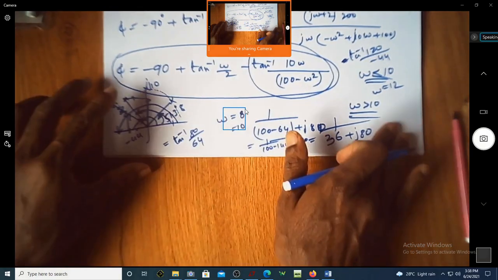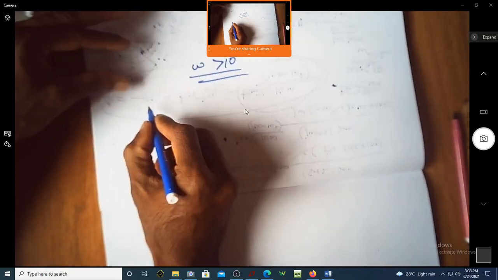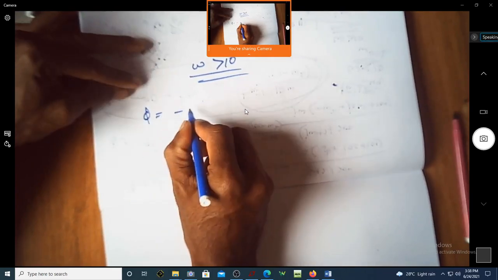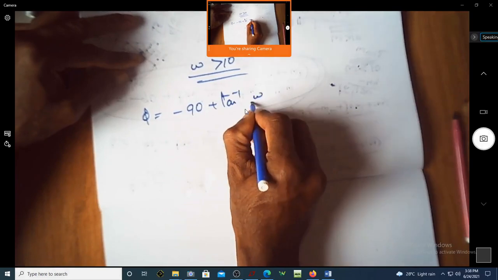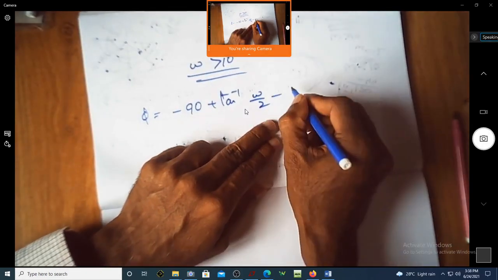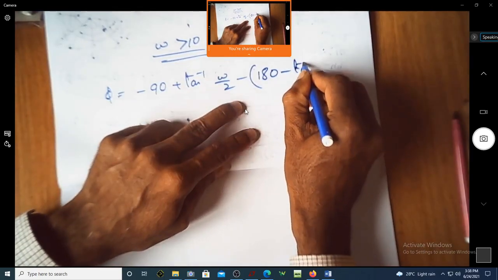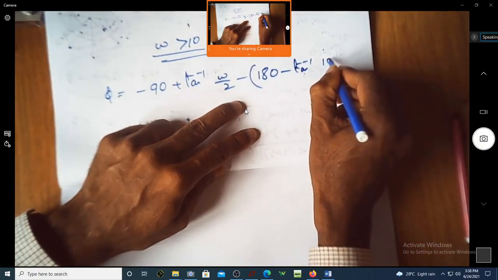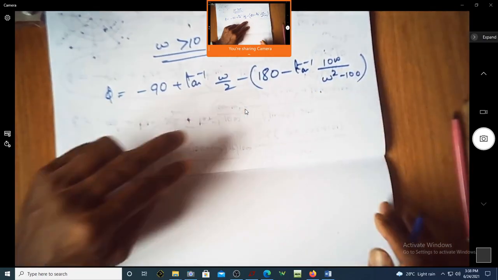180 minus that angle. So what I'll do now, for values of omega greater than 10, the phase equation is minus 90 plus tan inverse of omega by 2 minus of 180 minus tan inverse of 10 omega by omega square minus 100.